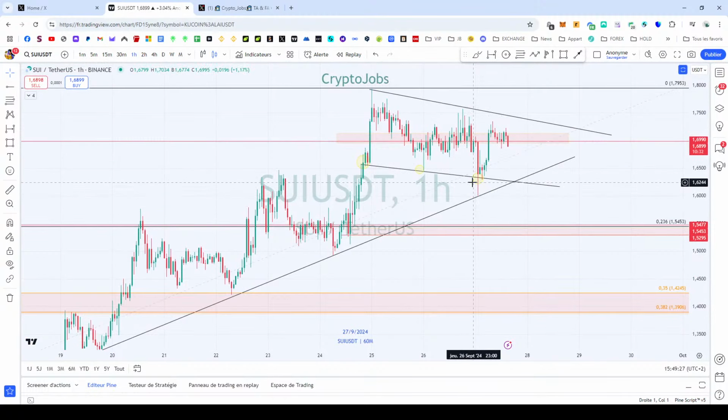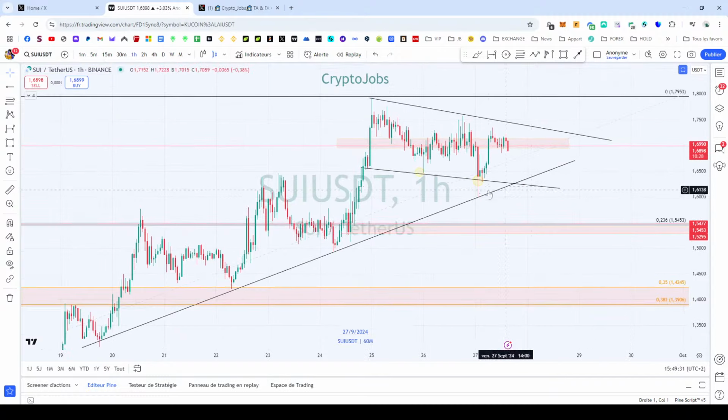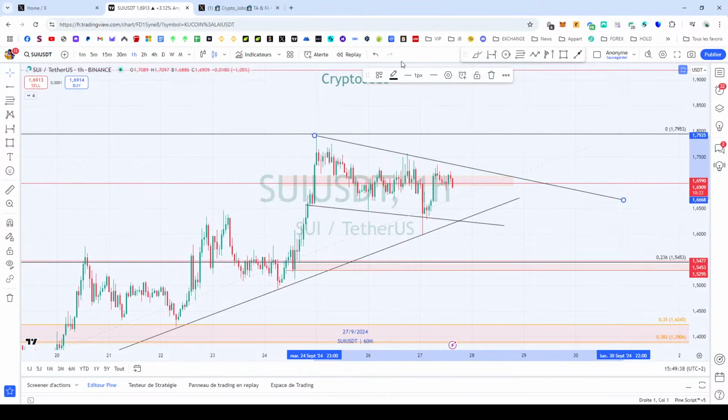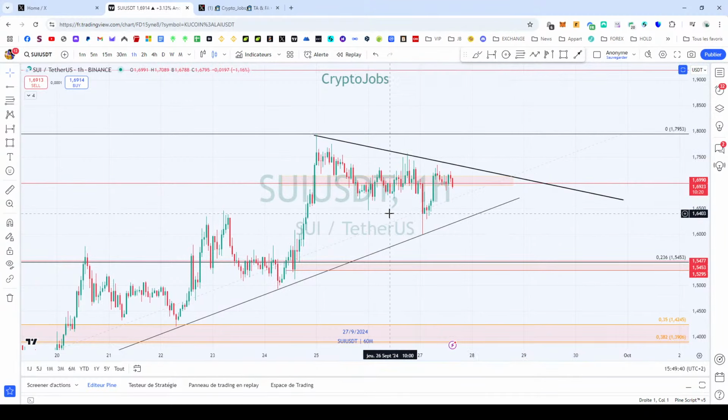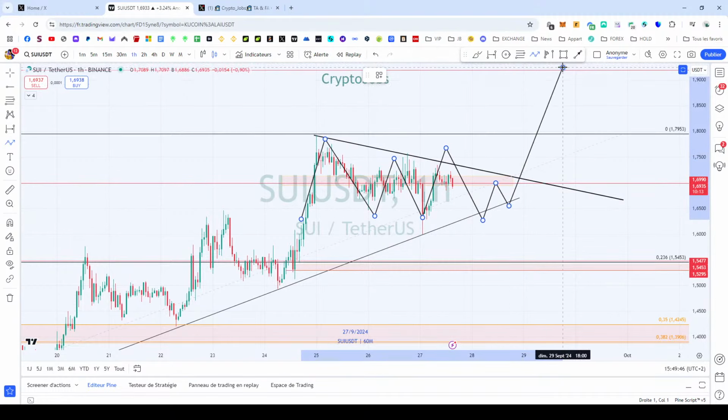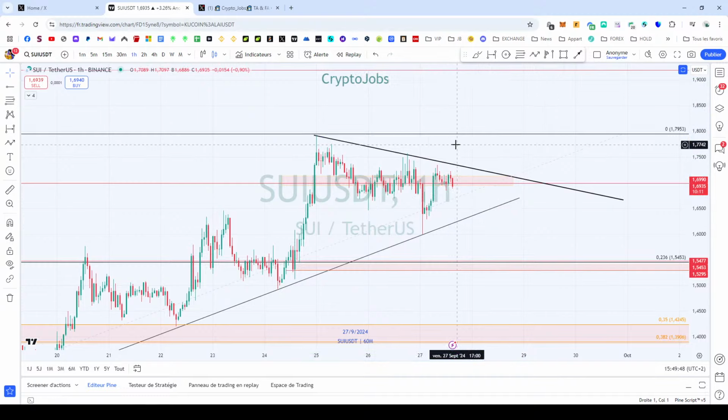I think it doesn't look like a safe bull flag. It looks like a reversal pattern, a bearish reversal pattern. I have seen a lot of bull flags, and this is not a clean one. When you have a bull flag, you often see something like that with a clean move, with clean rejection.